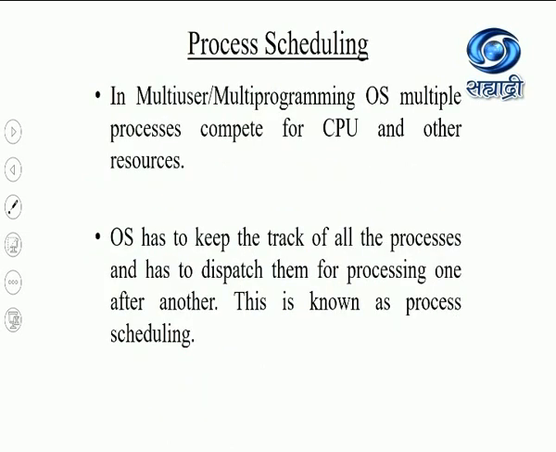Process scheduling. In multi-user or multi-programming operating systems, multiple processes compete for CPU and other resources. OS has to keep the track of all the processes and has to dispatch them for processing one after another. This is known as process scheduling.